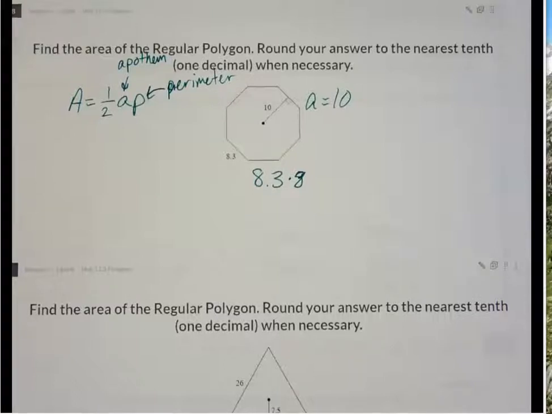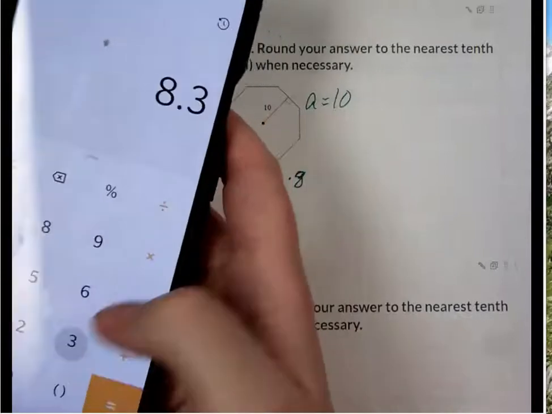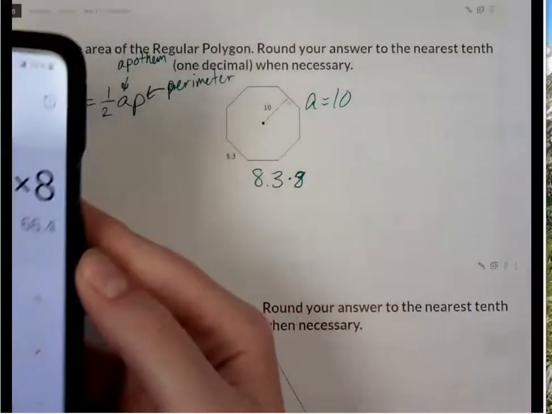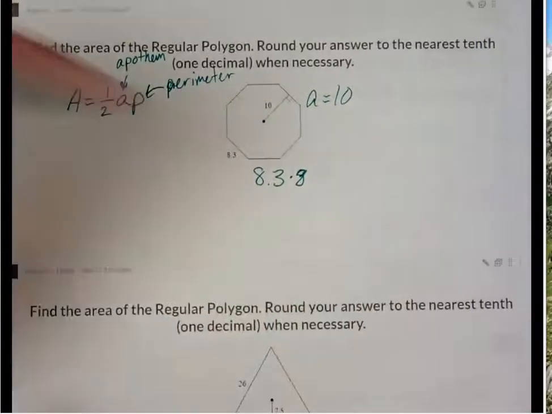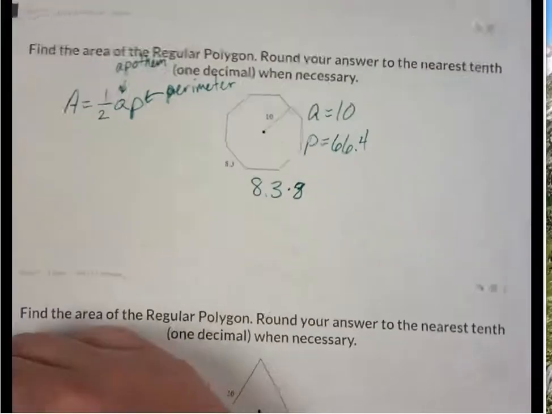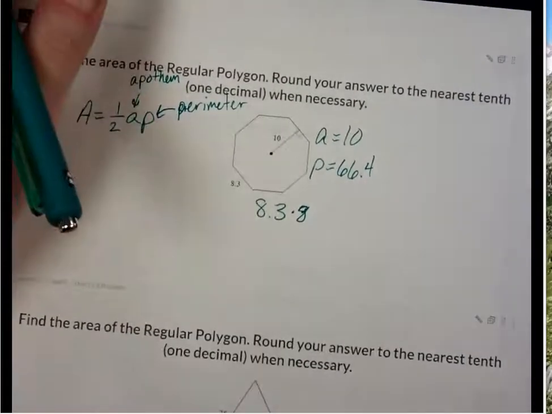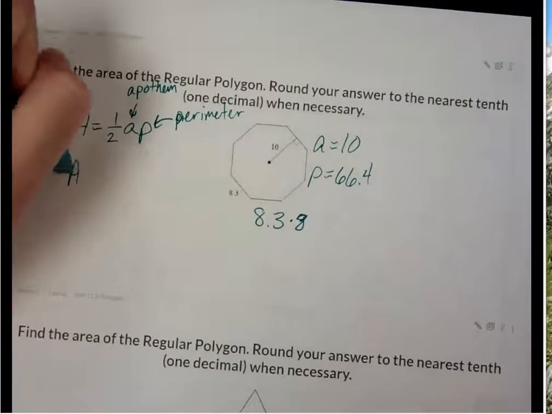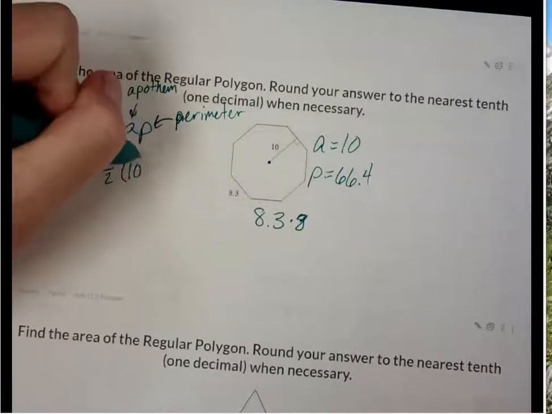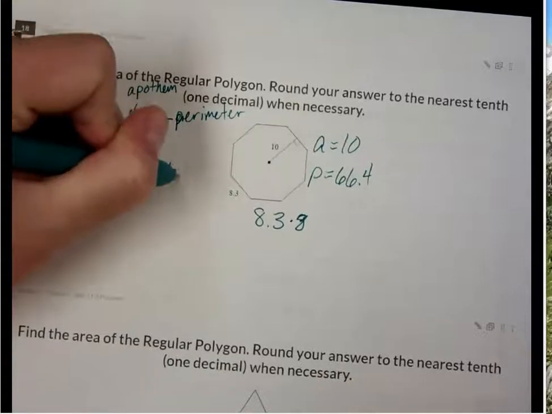Let me grab my calculator real quick. So 8.3 times 8 is going to be 66.4. Okay. So my perimeter will be 66.4. So I can plug everything in. I have everything I need. 1/2 apothem times perimeter.